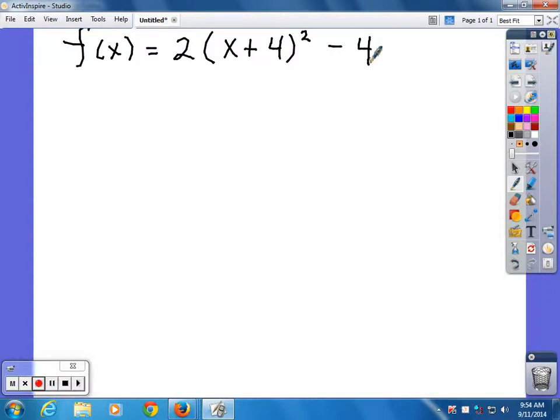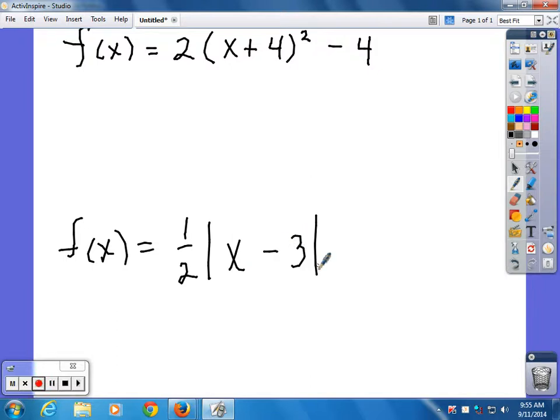And f(x) = 1/2 |x - 3| + 2. All right, sketch those two.